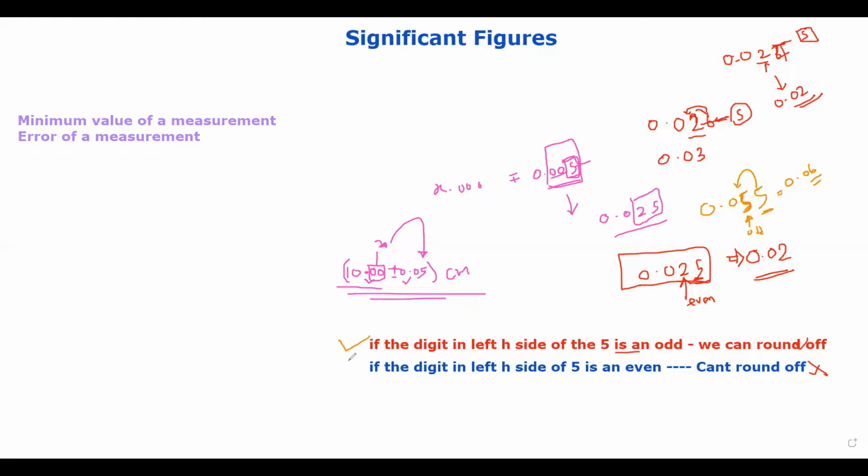These are the two rules you have to remember. And one other thing you have to remember: the error should contain only one digit. However, there is an exception for that also. The error must contain only one digit, that means non-zero values.